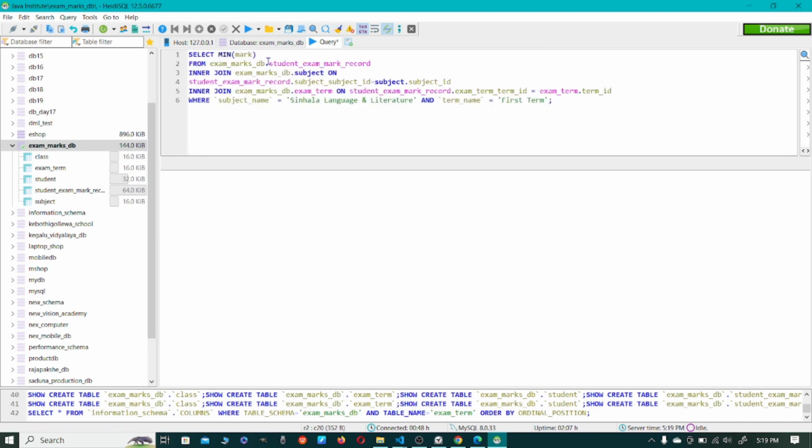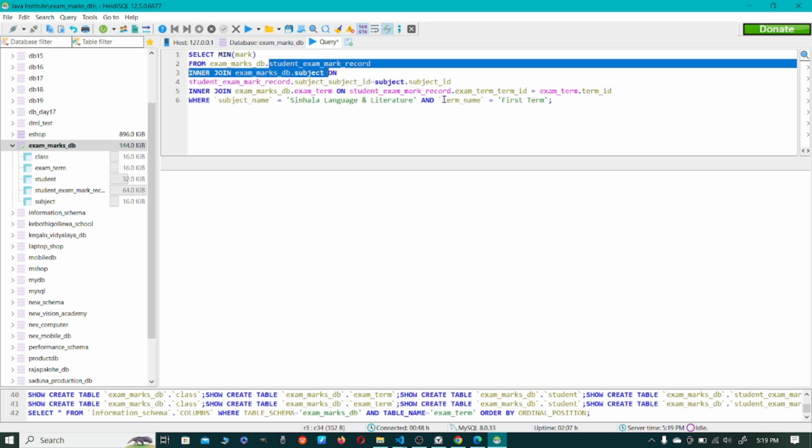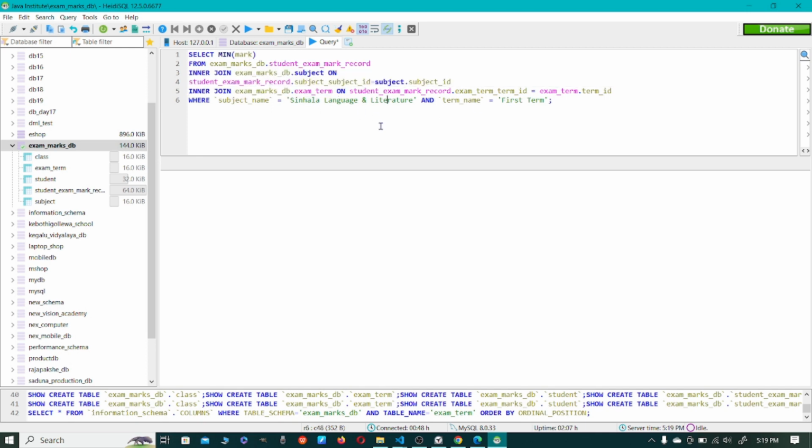So we inner join the student exam mark record table with the subject table. Then that table is inner joined with the exam term table, and we have used the condition as subject name equal to Sinhala language and literature, as well as the term name as first term.